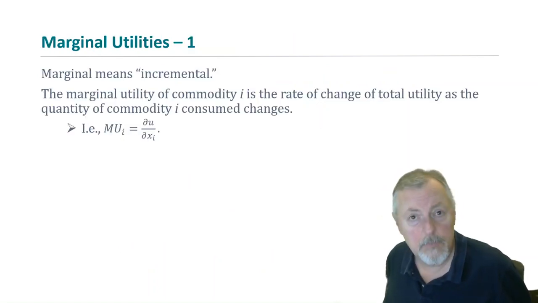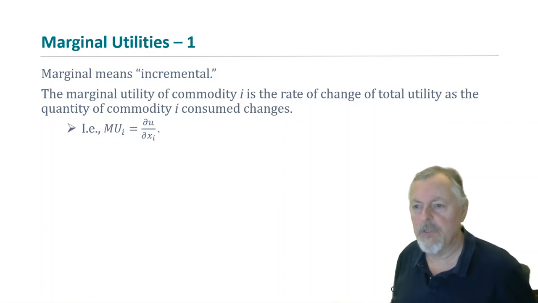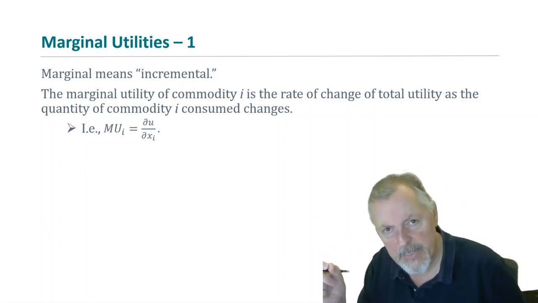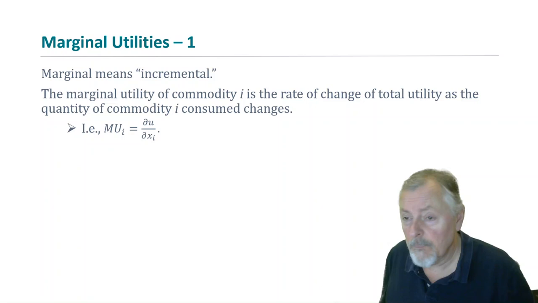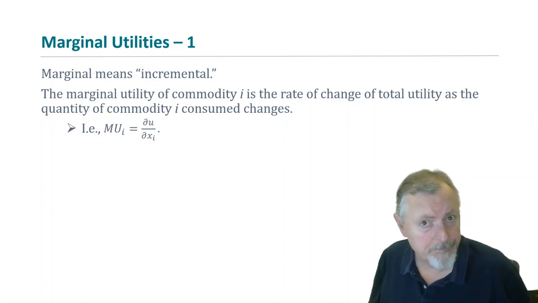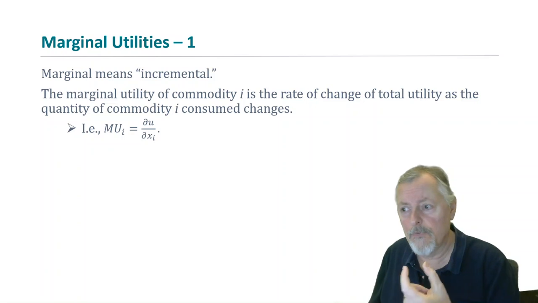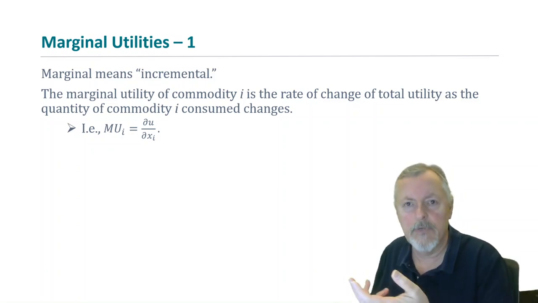Now, marginal. You should remember what marginal means. It means incremental. The change caused by one tiny bit of more or less of something. Marginal utility is how much additional utility you get from one small change in the quantity of a thing.